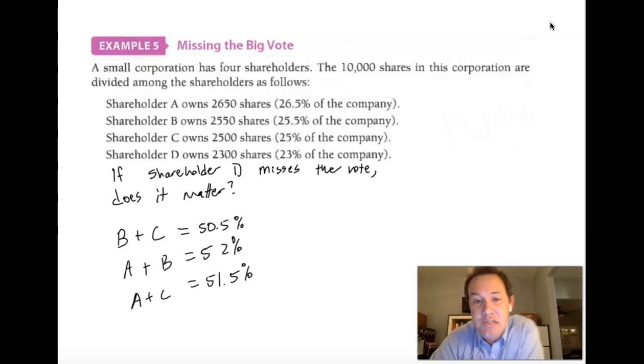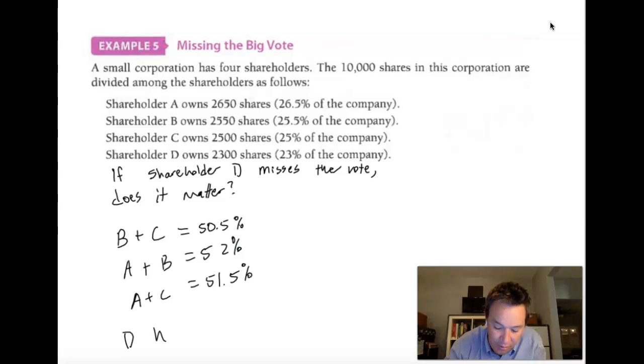Whereas shareholder D would need the support of 2 others to make up the majority, and without D, those 2 others would already make up the majority anyway, so they don't need D. So no, D has 0 voting power, even though he or she owns 23% of the company.